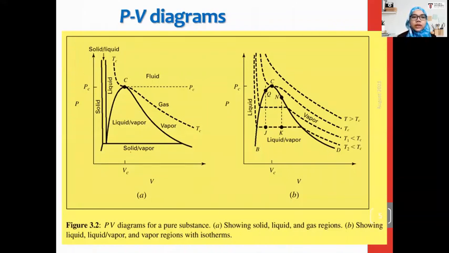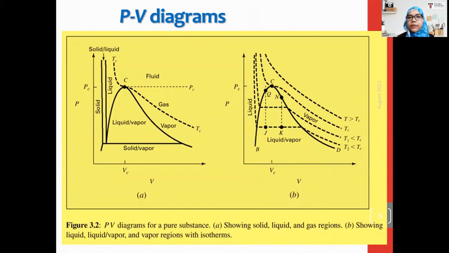This diagram for the pressure versus molar volume for the pure substance shows the regions between solid, liquid, vapor, and below we have the liquid-vapor region. The right diagram shows the liquid-vapor and vapor region with isotherms.